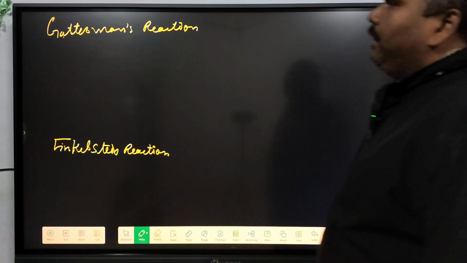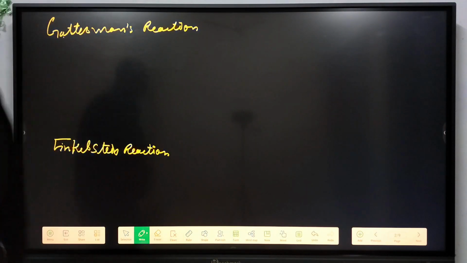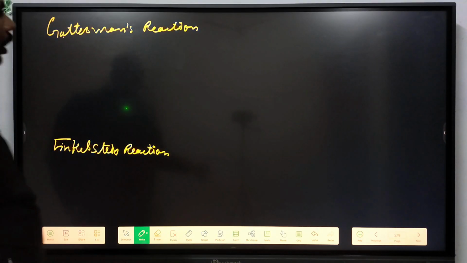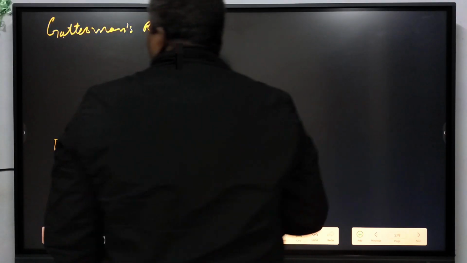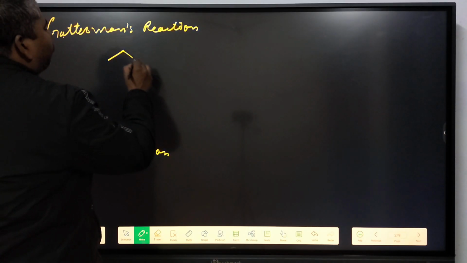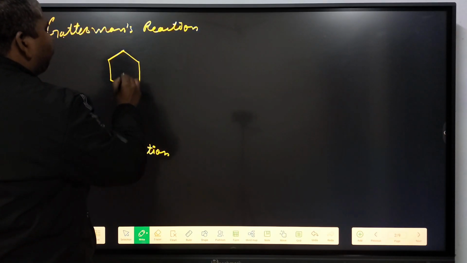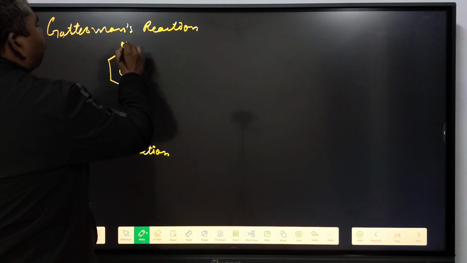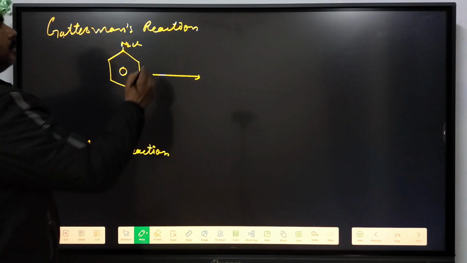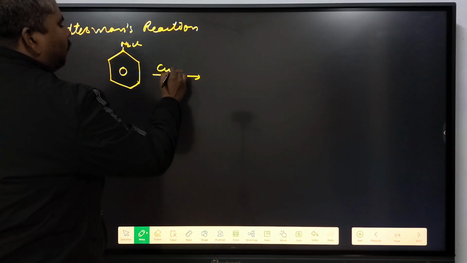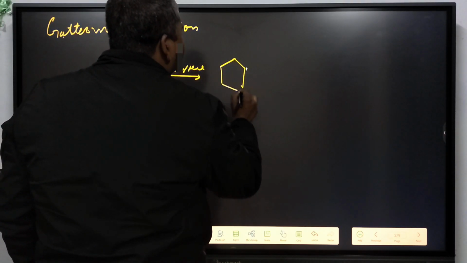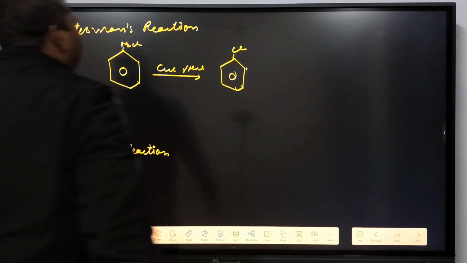Next reaction is Gattermann's reaction. In Gattermann reaction, just like Sandmeyer reaction, the diazonium salt reacts with copper and hydrochloric acid and again converts into chlorobenzene.